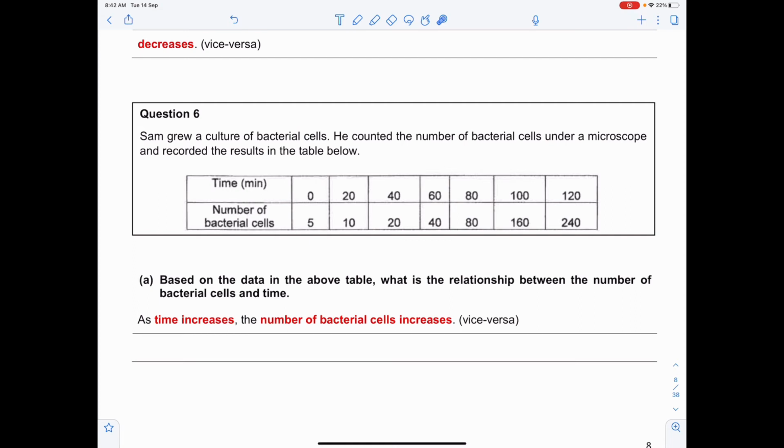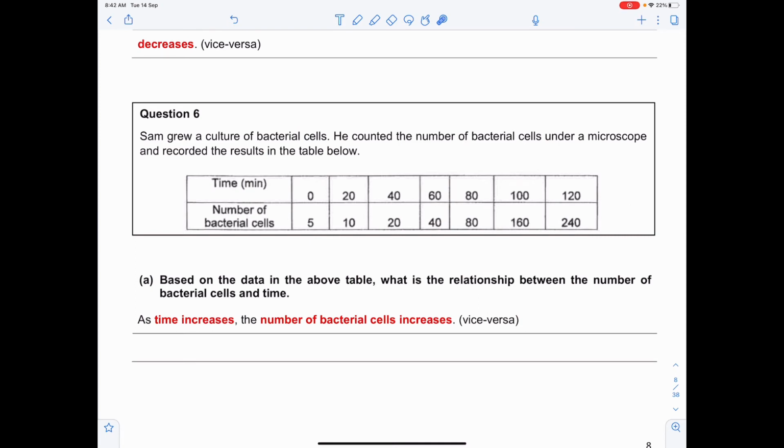Okay, it's a little bit like a relationship, but the difference is this. In a relationship, is it predicted? No. A relationship question is not a prediction question because it is proven by the graph given to you. So if you have a graph, the relationship that you state is proven in the graph. So it is not a prediction question.